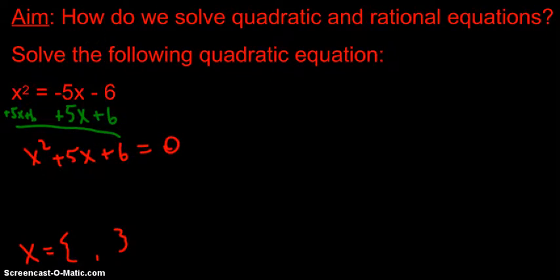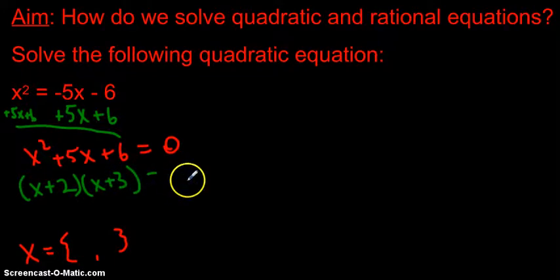I think I remember from when I took Algebra 1 that I was told if you factor it, it will become clear. So let's take a look. That becomes x plus 2, and that becomes x plus 3 equals 0. And supposedly in this form it's actually quite easy to guess what numbers will make this equation work.